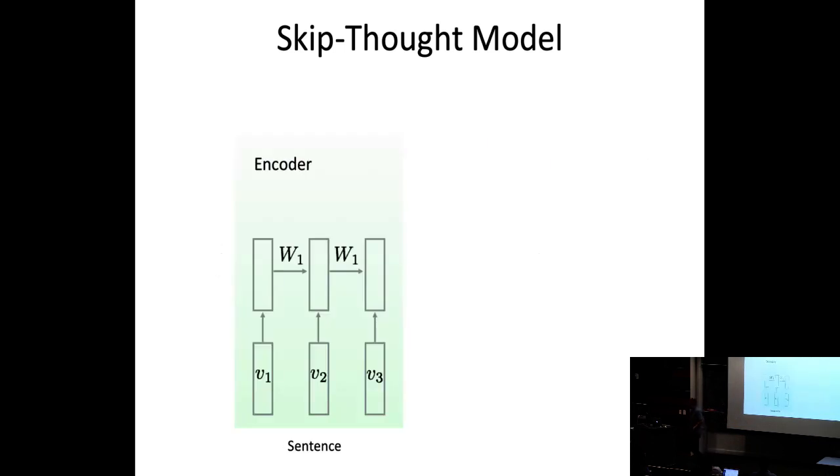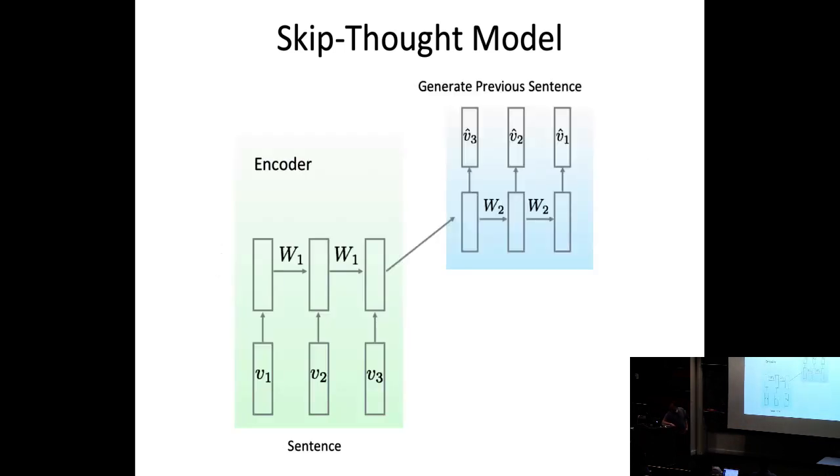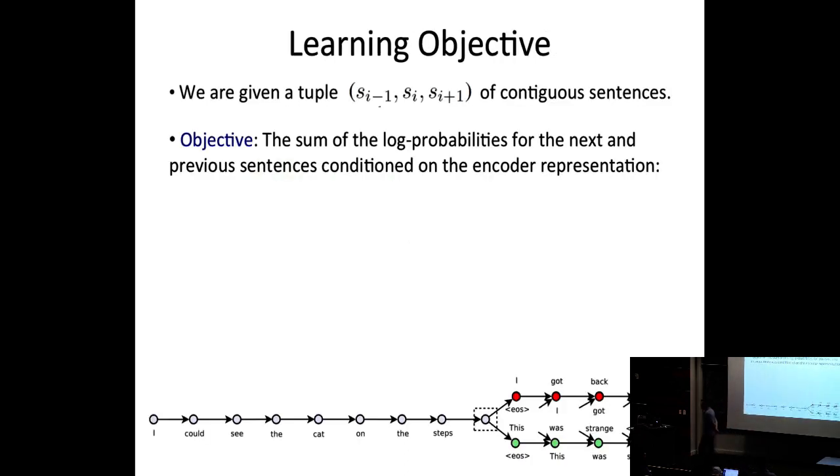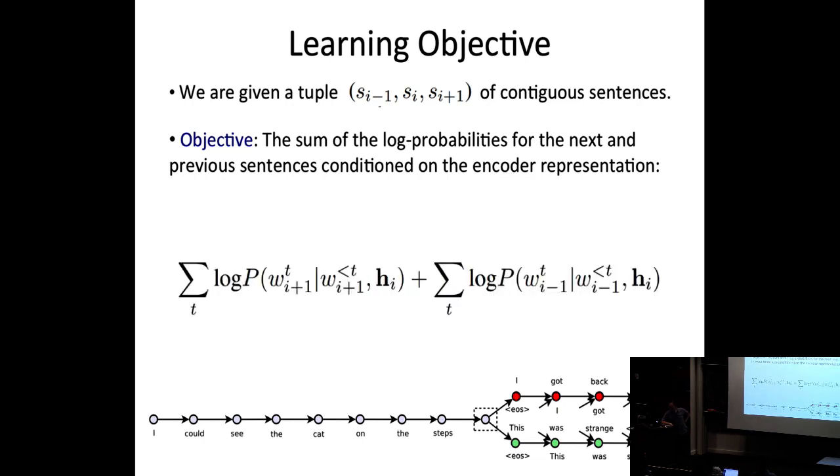And so how does it work? Well, you generate the previous sentence, you generate the forward sentence, and you're learning the representation of the sentence. It's like trying to learn a sentence-to-vec: given the whole sentence, you're trying to represent it in a vector form. So what's the learning objective? The learning objective is just the sum of the log probabilities of the next and the previous sentence, conditioned on the encoded representation.